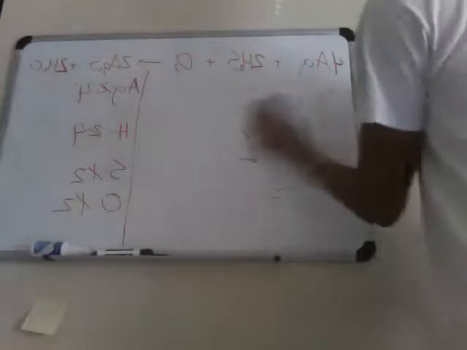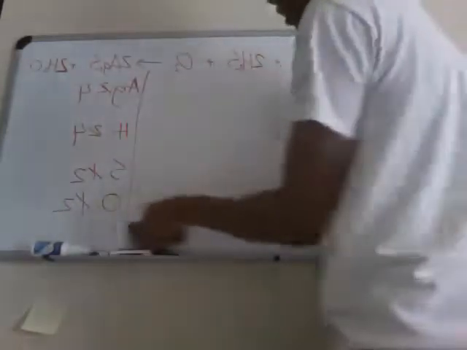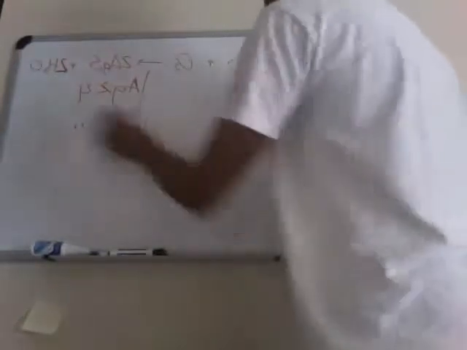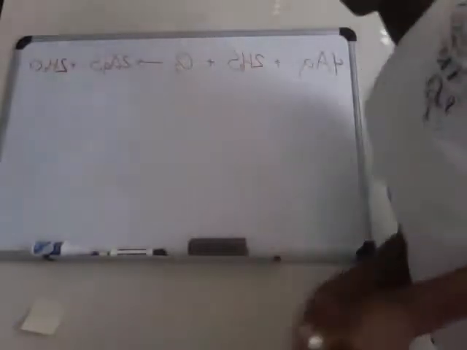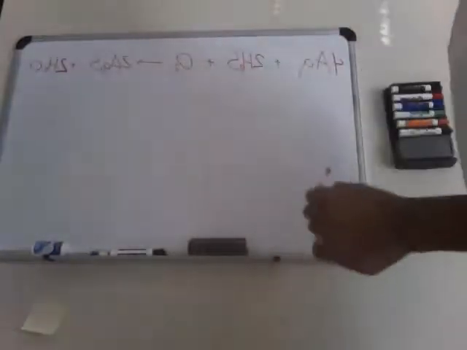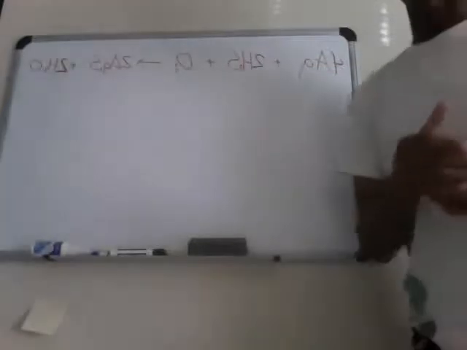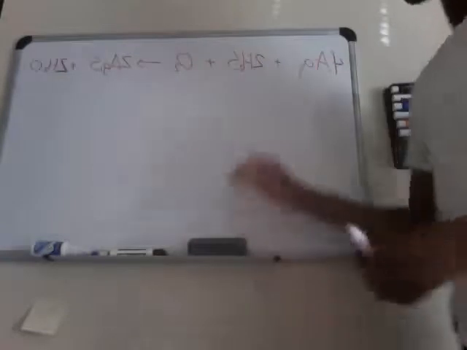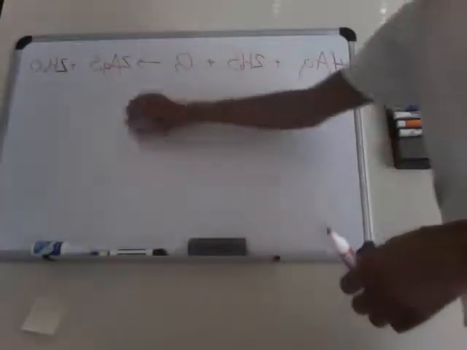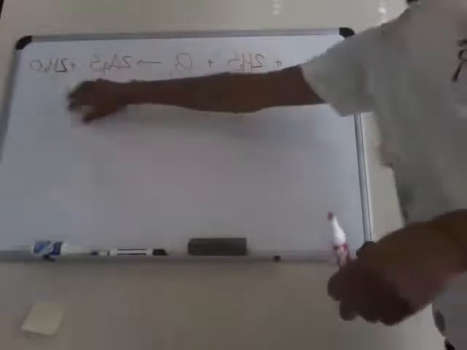So let me erase this part. This is your balanced equation that you would need to do for stoichiometry. The reason you can't do proper stoichiometry without balancing your equations is that if you try to find, for example, the moles you need of something, you can't find that unless you have the proper ratios of all of your products that equal your reactants.